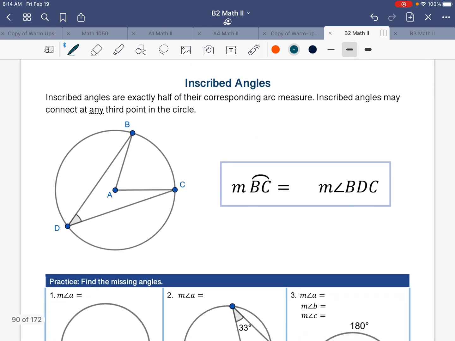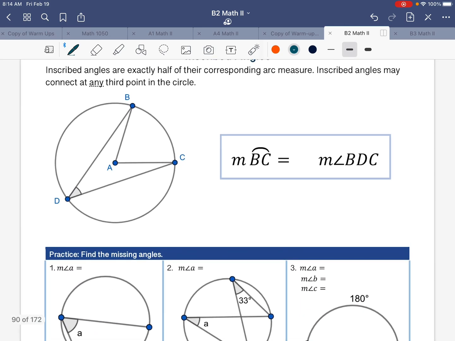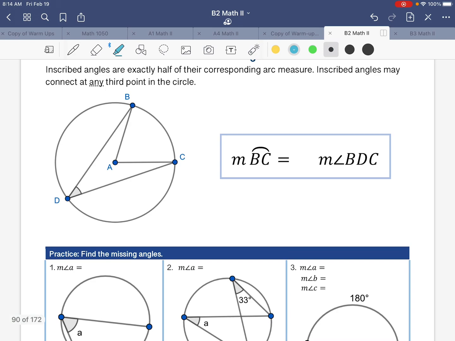We now have inscribed angles thrown into the mix here. We still have the central angle here and the arc measure out here. But then we have this inscribed angle, which you would have learned in your definitions, is a kind of angle where the vertex is on the other end of the circle, or really any edge of the circle.